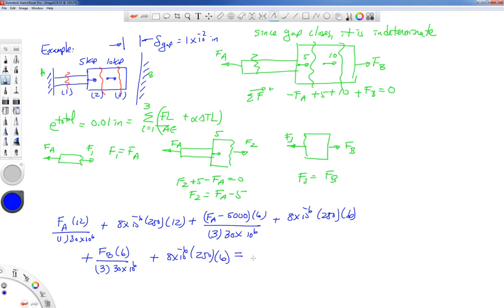And then that's equal to 1 times 10 to the minus 2 inches, or 0.01 inches.